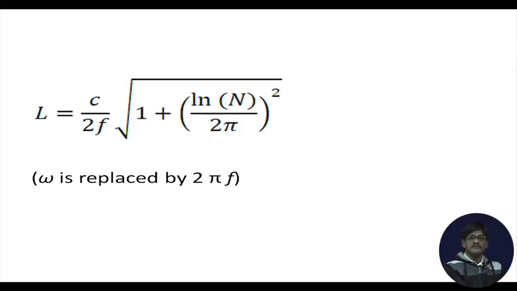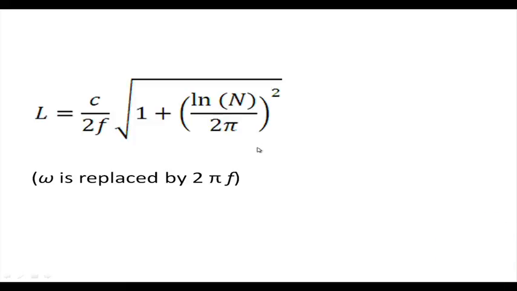This is called a half wave horn. That means its length is equal to half the wavelength. We can go for different lengths also. We need not necessarily stick to half the wavelength, but it's one of the most common ones.